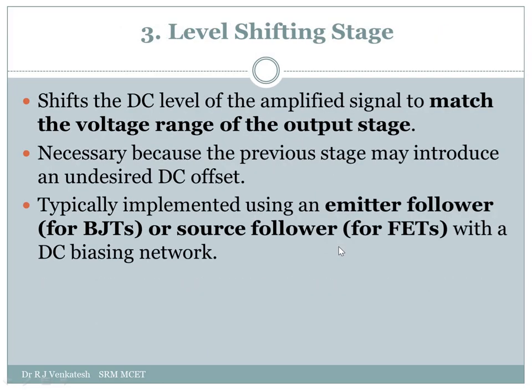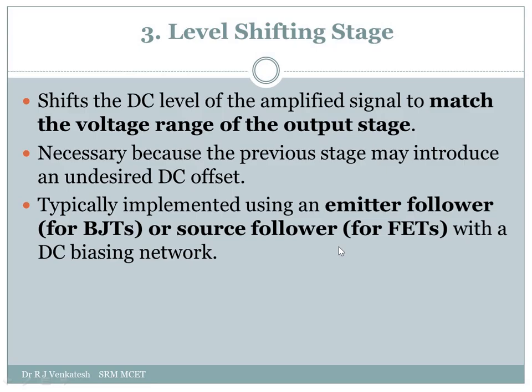The third stage is the level shifting stage, shifting the DC level of the amplified signal to match the voltage range of the output stage. This is necessary because the previous stage may introduce an undesired DC offset.